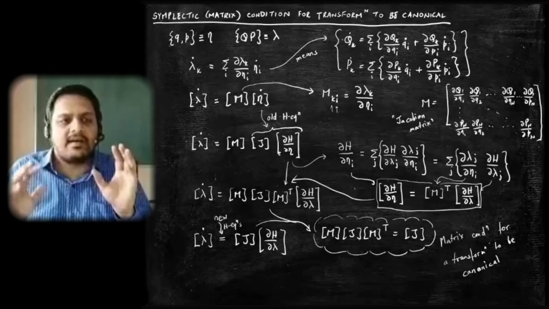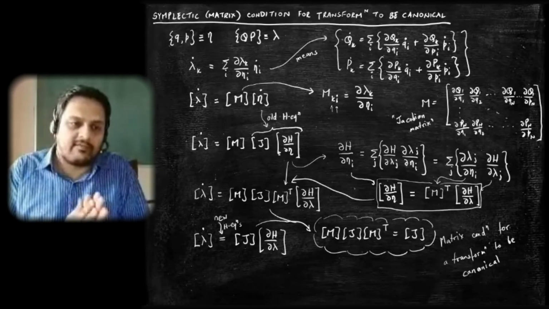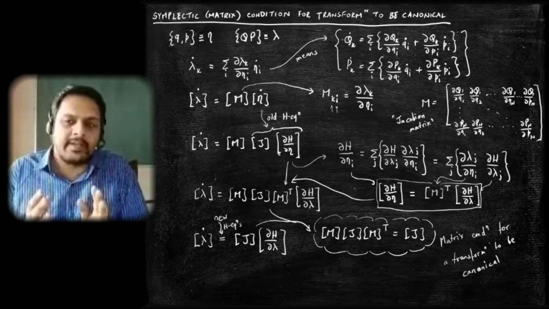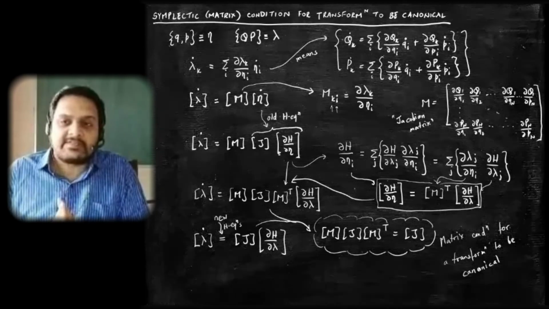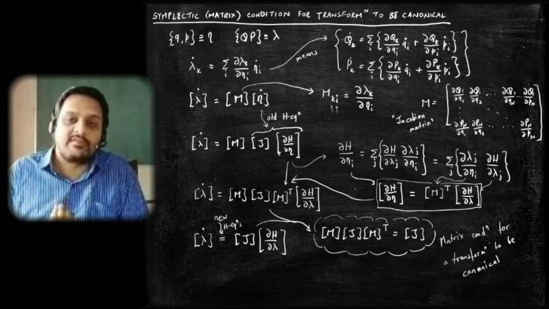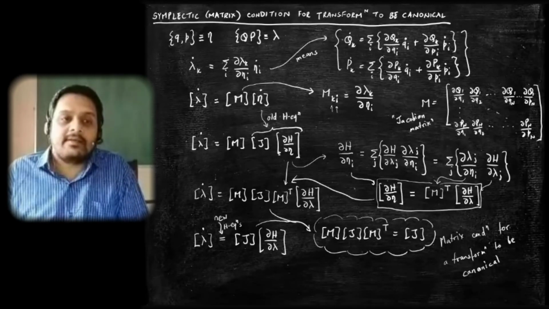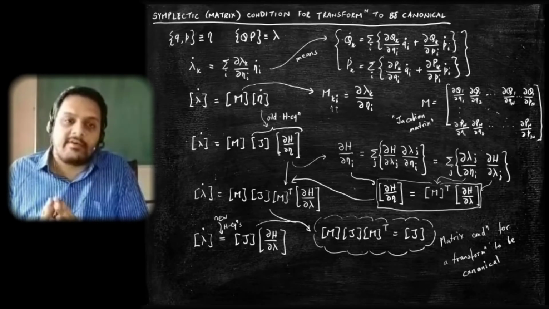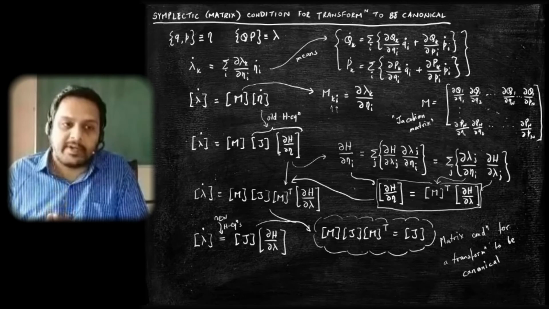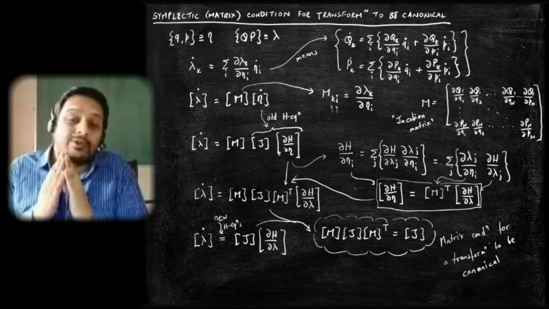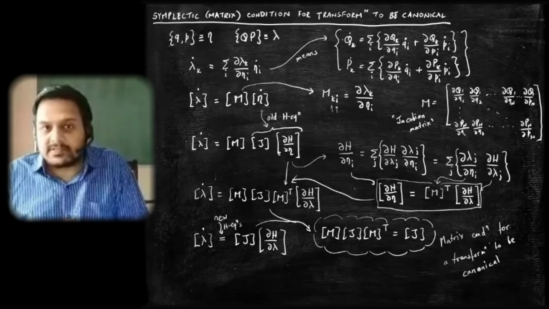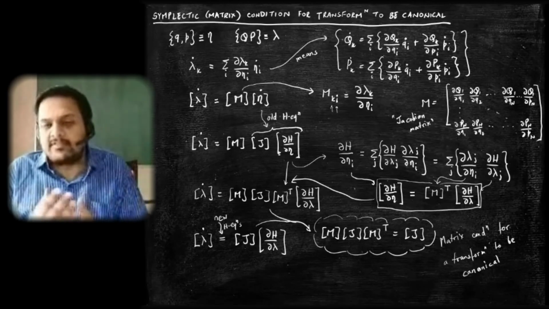When we say a transformation is canonical, what we mean is that the new variables will satisfy Hamilton's equations of motion with the new Hamiltonian, which means that there could be a large variety of new variables capital Q, capital P, which actually don't satisfy Hamilton's equations. There could be a very large class of such functions.